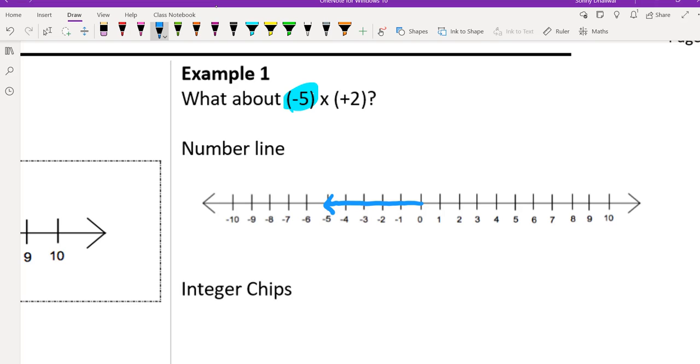And how many arrows do we need? 2. We've already drawn 1. We draw another 1, of the exact same length, 5 long. So our answer of -5 times positive 2 is what number? 10. Close, -10.